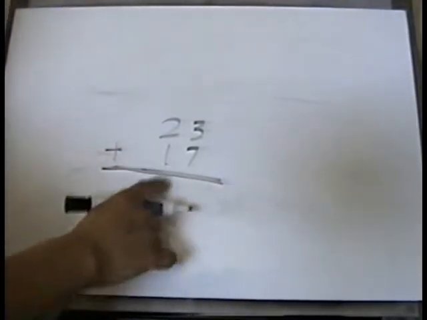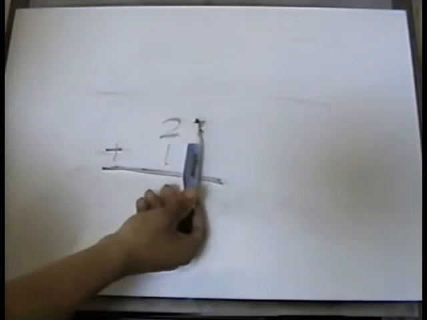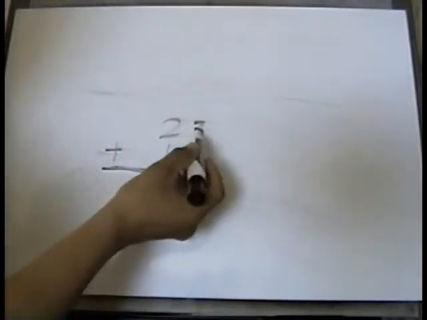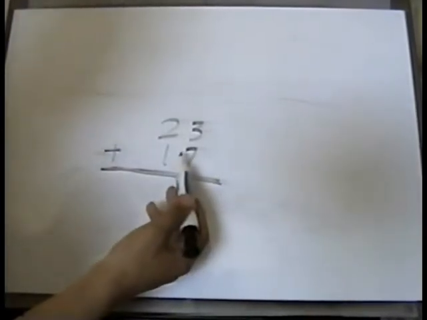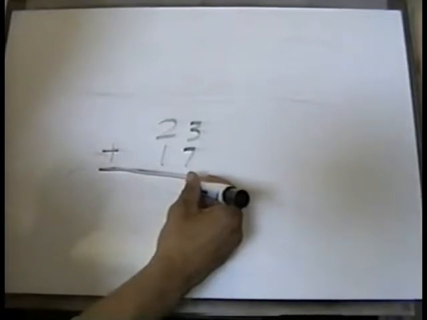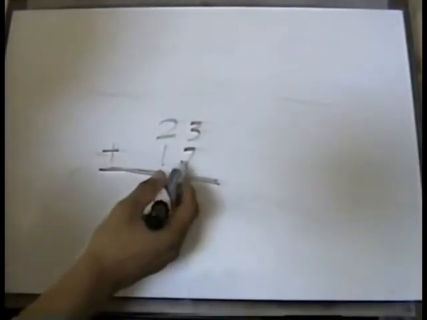Now I'd like to show you the way I like to do it though. Now we got 7 plus 3, where we add all the numbers in this column, because 3 is in the ones place and 7 is in the ones place.